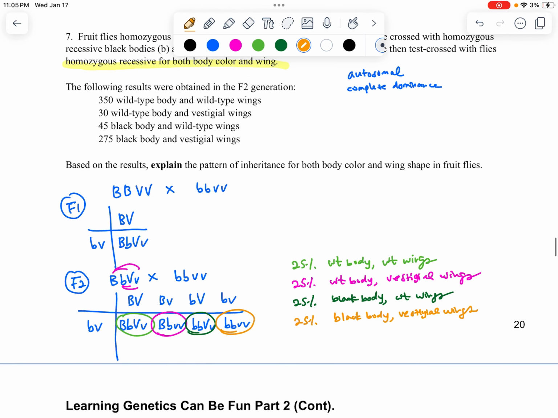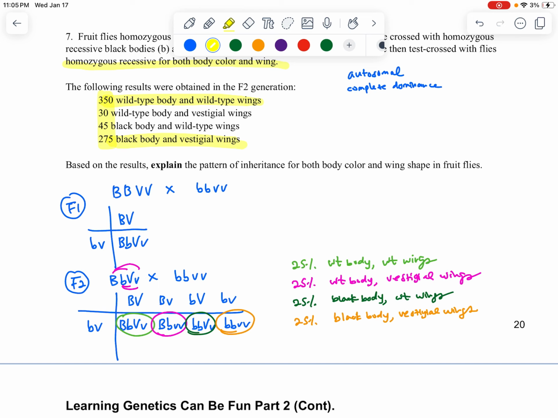1-to-1 ratio. Now let's compare that to the actual numbers observed from this genetic cross. This ratio does not appear anywhere close to a 1-to-1 ratio. Instead, we see a lot of fruit flies that are dominant for both and a lot of the fruit flies that are recessive for both.